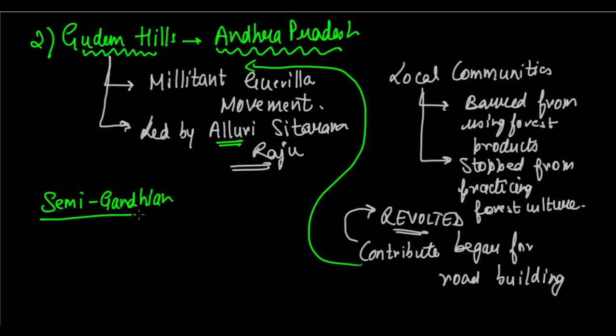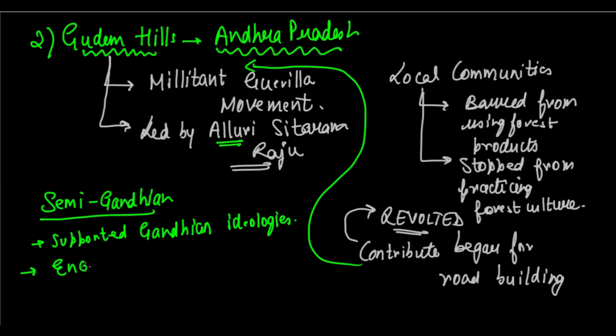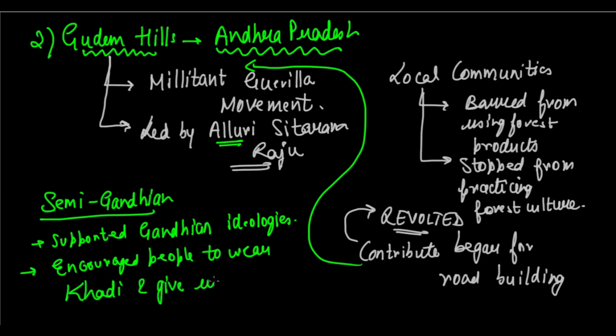He was semi-Gandhian because he supported Gandhian ideologies and considered Gandhiji an idol. He encouraged people to wear khadi, the national cloth which even Gandhiji promoted, and to give up drinking, because alcohol has its bad effects.